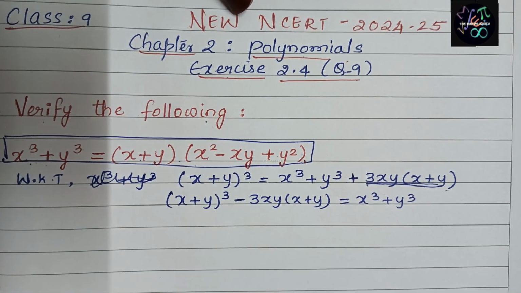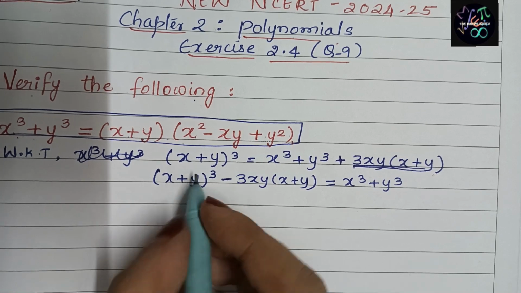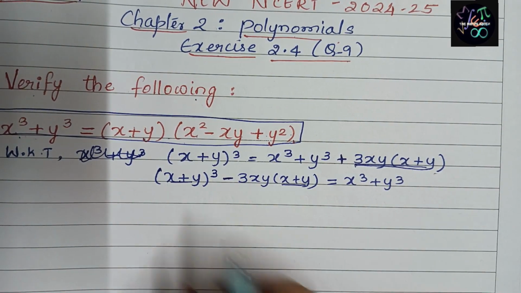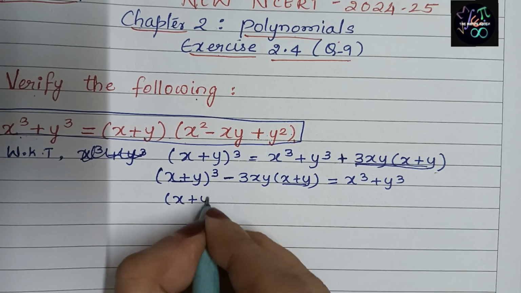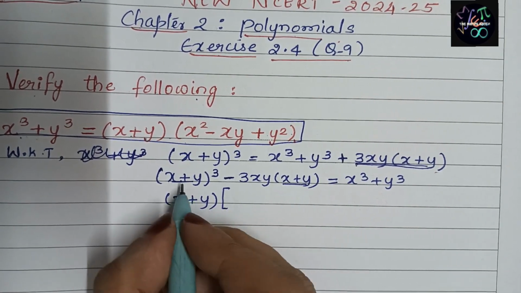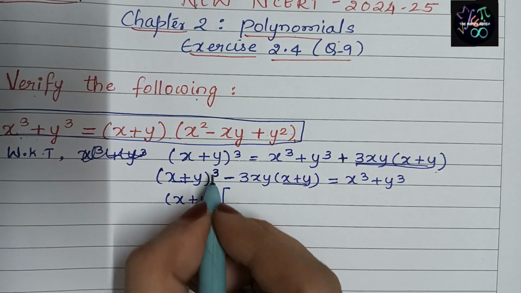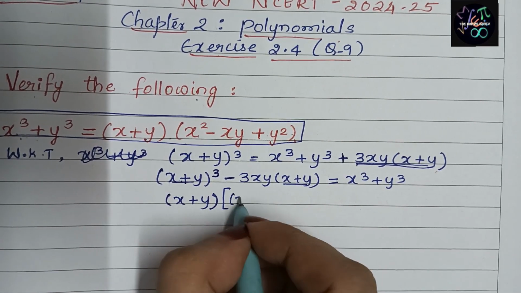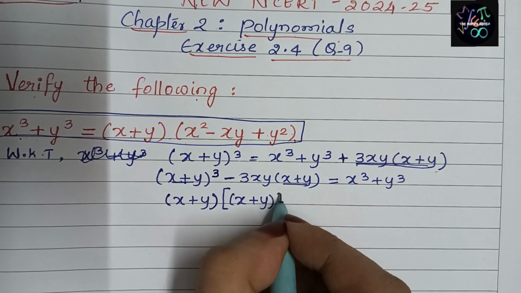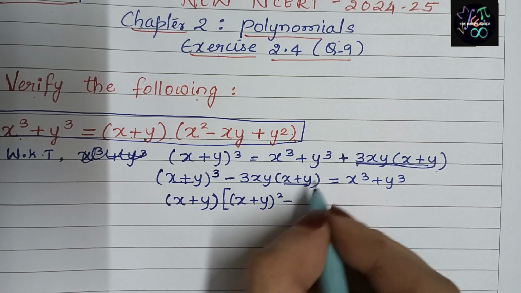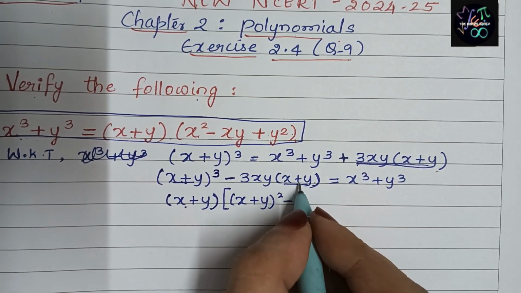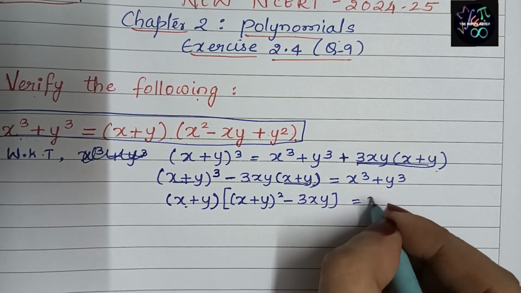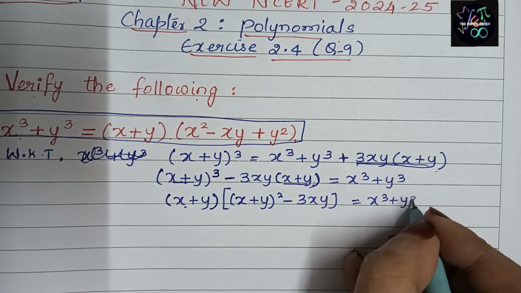Now what is common here? x plus y is there in both terms, so I'll take x plus y common. In 3 times x plus y, 1 time is common, so 2 times remains, that is (x plus y) square, minus 3xy remains. This side I'll keep x cube plus y cube as it is.